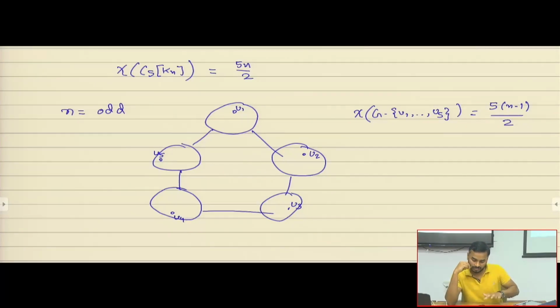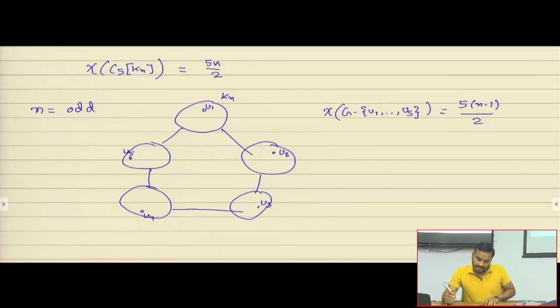Right, because each set was Kn, and now all the sets have been reduced by 1. So we can do it with 5 times (n minus 1) by 2 colors. And now you can bring back all the 5 vertices and assign them 3 different colors, because C5 is 3-colorable, right?